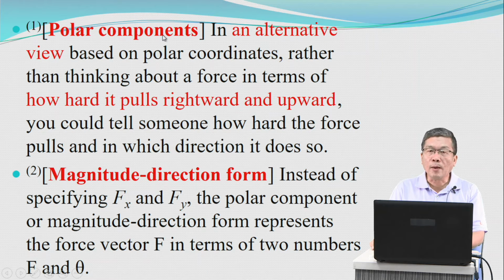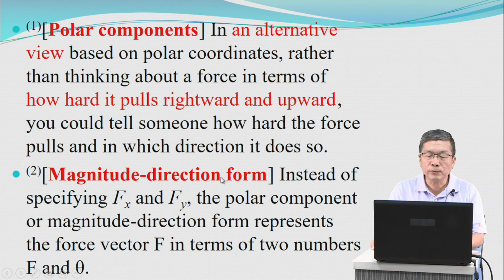Polar components. In an alternative view based on polar coordinates, rather than thinking about a force in terms of how hard it pulls rightward and upward, you can tell someone how hard the force pulls and in which direction it does so.